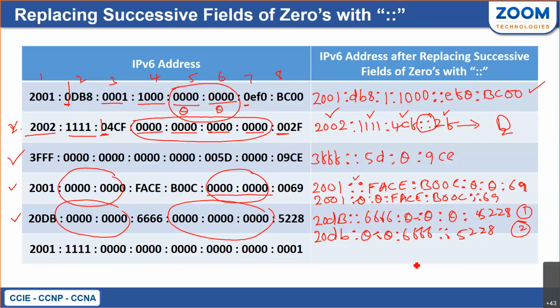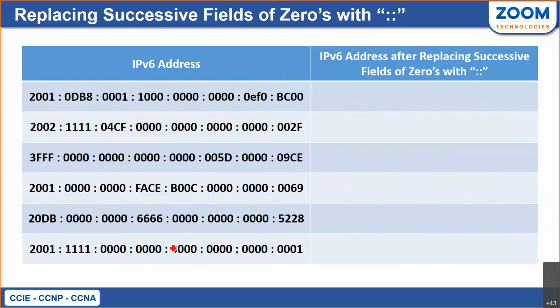Is it clear? Finally, 128 bits of MAC address, 128 bits of IPv6 address, how can we represent? 2001 colon 1111 double colon 1. Simple. Very simple.